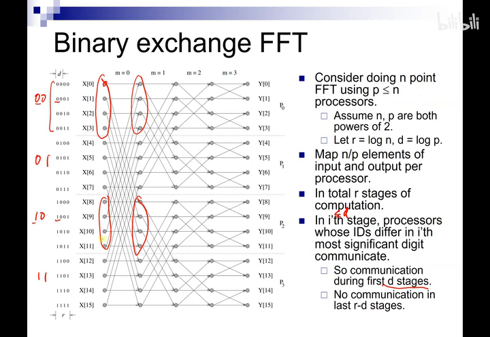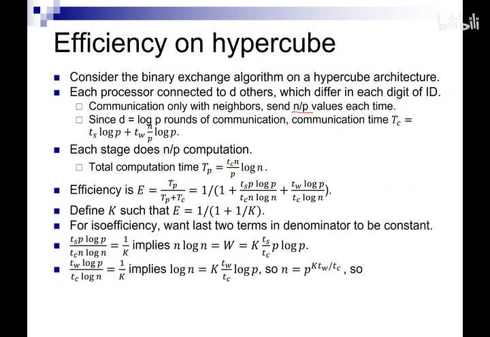Every single value needs to be involved in some computation, so there are n values, so n amount of work in each stage times log n stages. Therefore w equals n log n, and we plug the expression for n into w and get this thing.